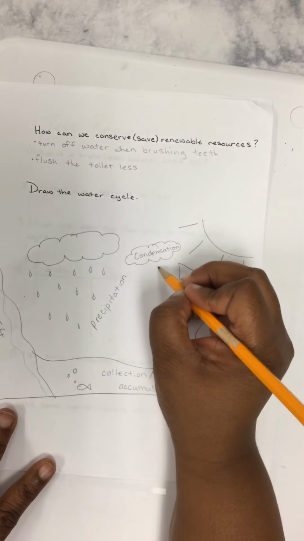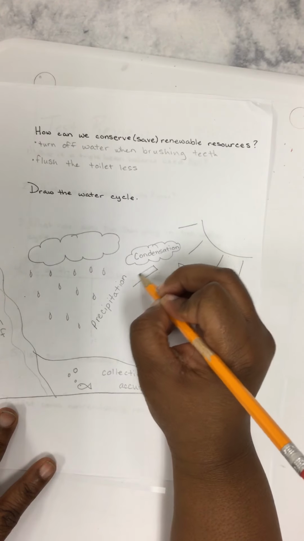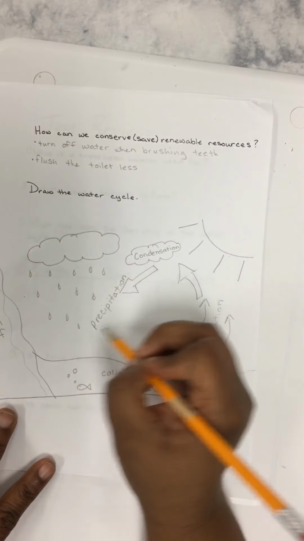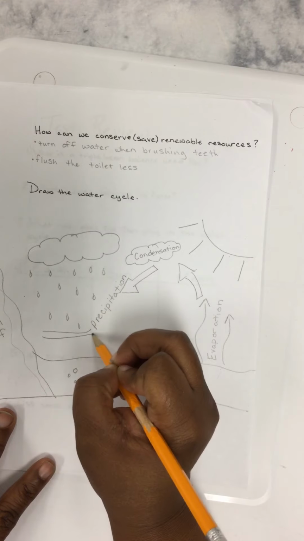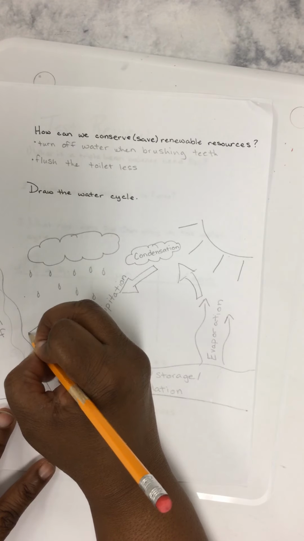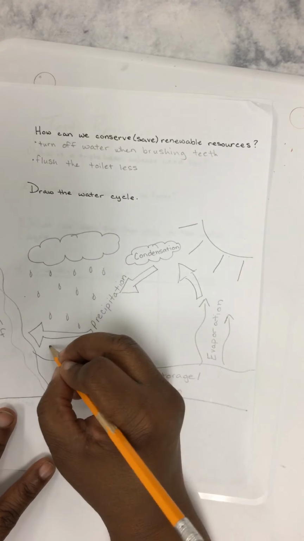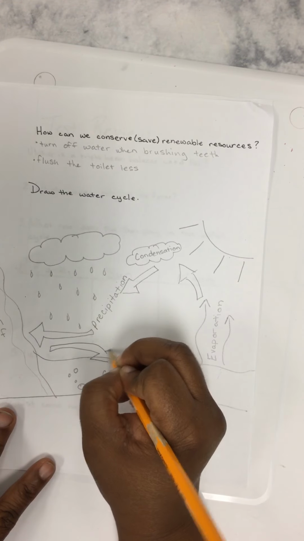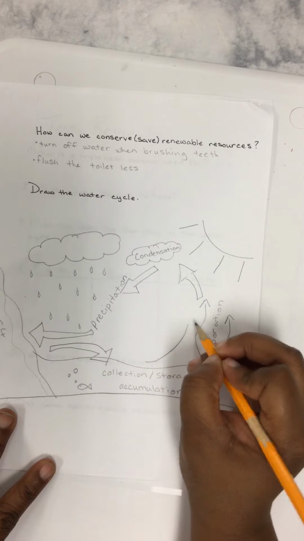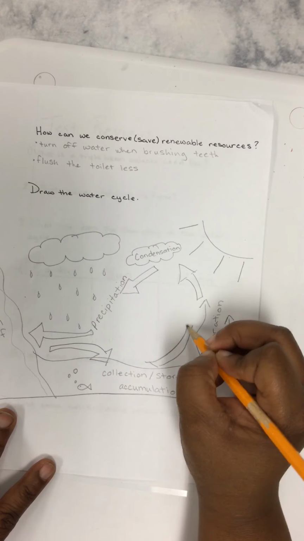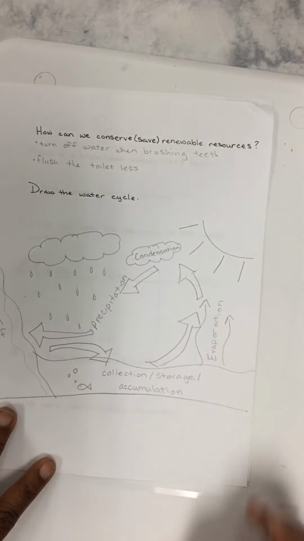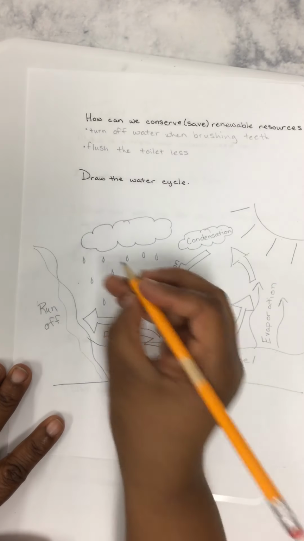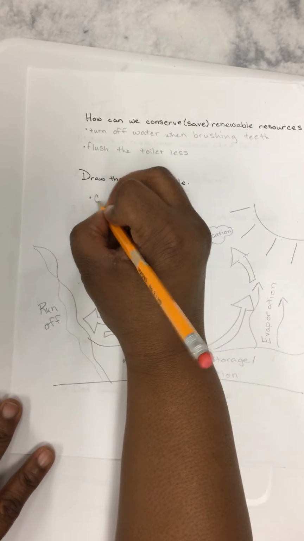From condensation, we go to precipitation. From precipitation, we go to runoff. Excuse my weird looking arrows. From runoff, it'll become storage. And then back into our cycle. You also should remember that this is continuous. It never stops.